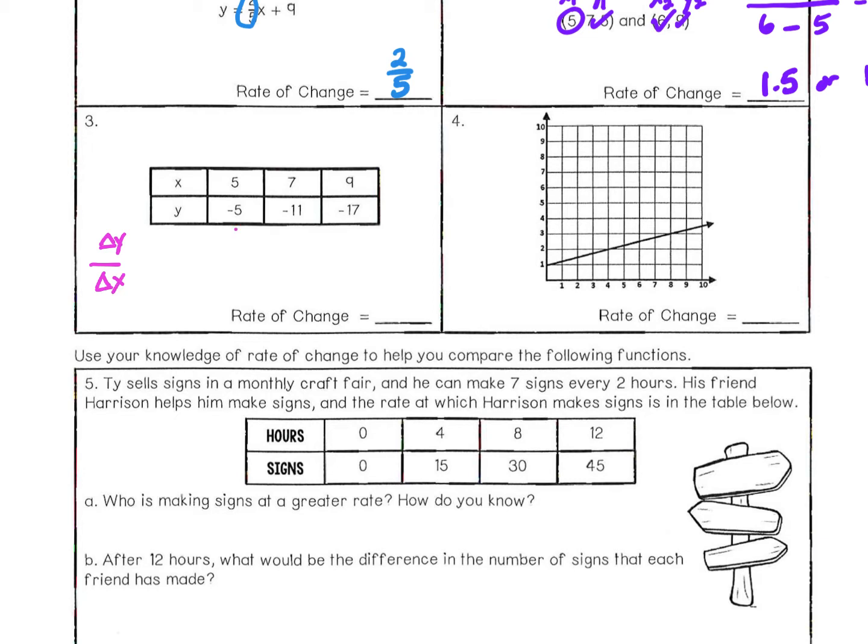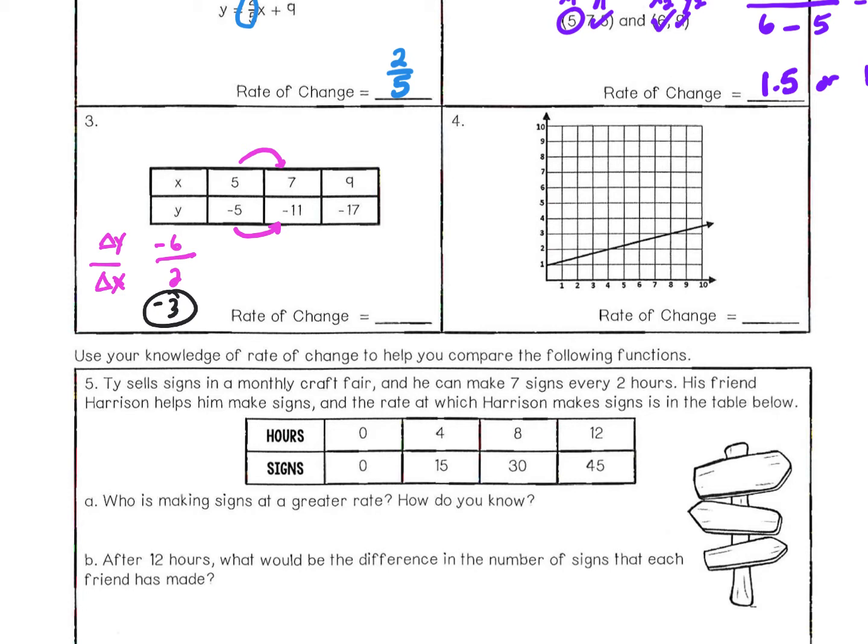So if I go from my first y value to my second y value, I can see from -5 to -11 I'm going down. So I'm going to write that as a negative number, and that change is 6. If I go from my first x value to my second, 5 to 7 is up, so that's positive, and that's a change of 2. So when I reduce that, that would be -3.